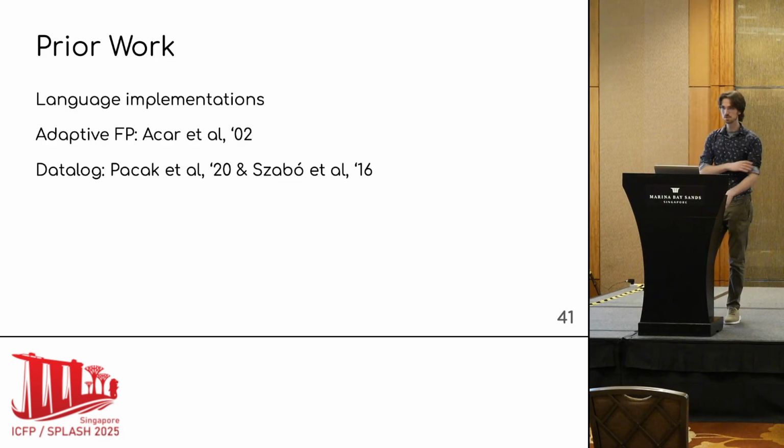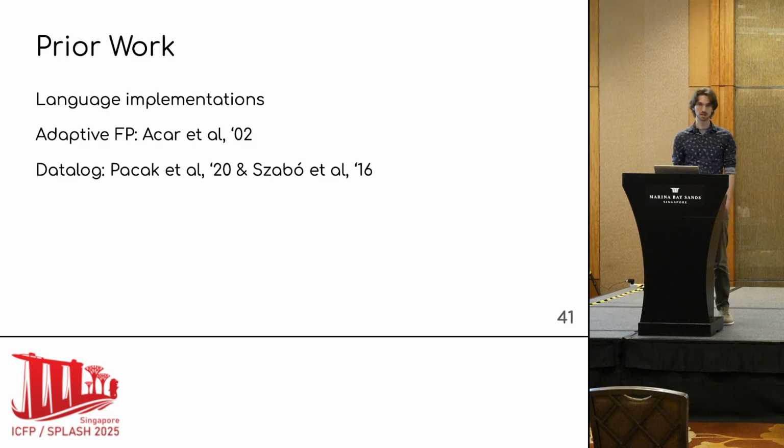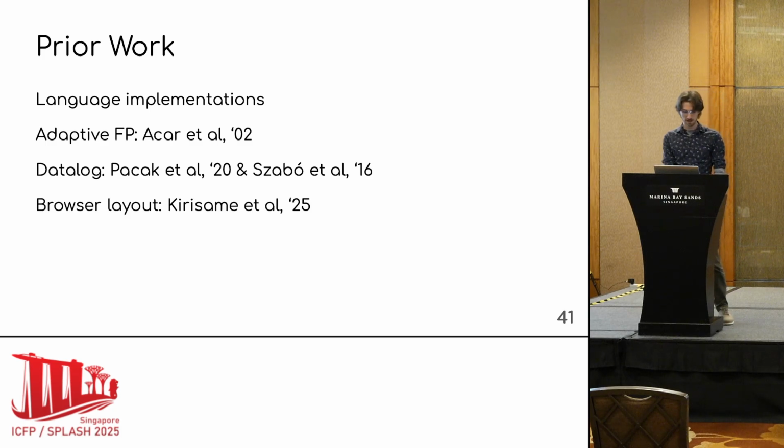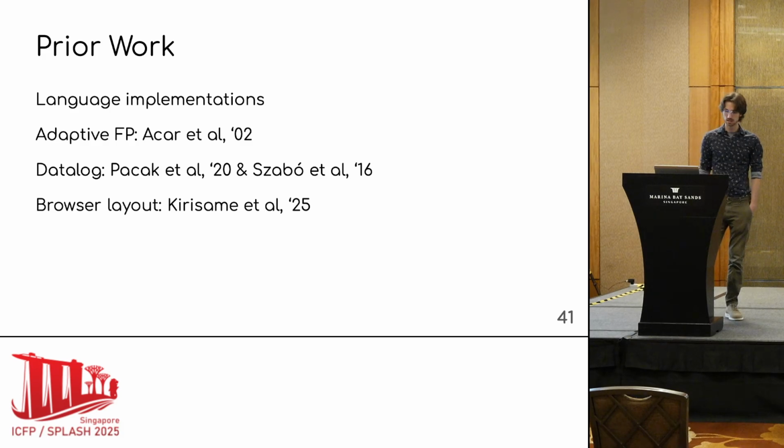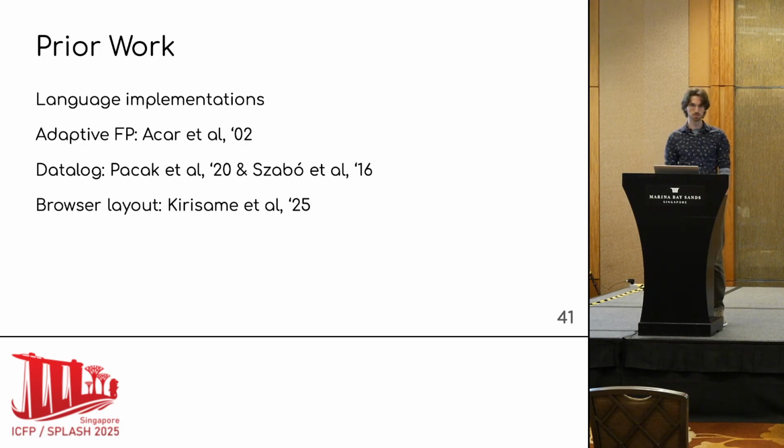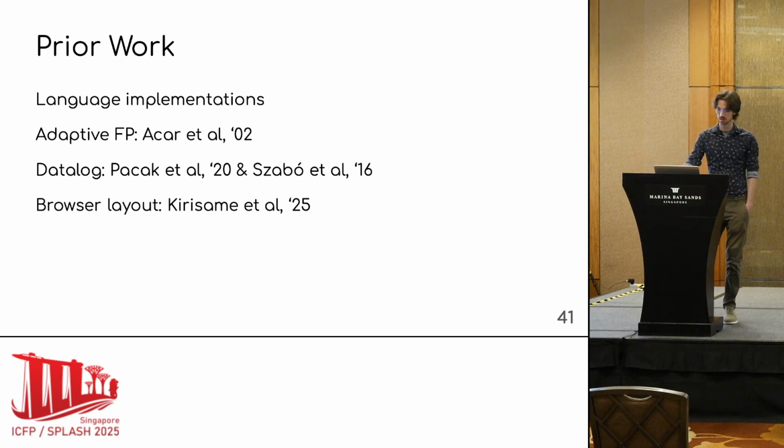But it's hard when you do this to get the really fine-grained incrementality. And even in the best case, you still have to traverse the spine of the tree without this order maintenance trick. And the order maintenance trick comes from the work on incremental computations for browser web page layout from our collaborators at Utah.